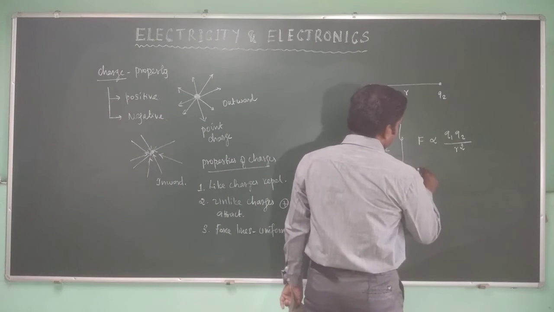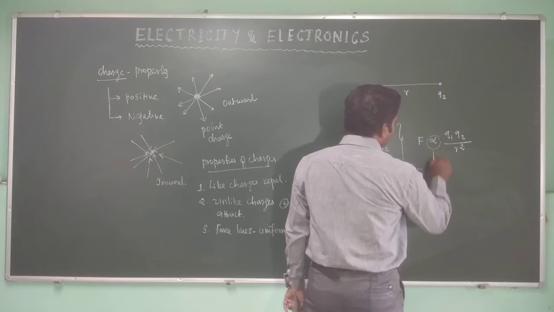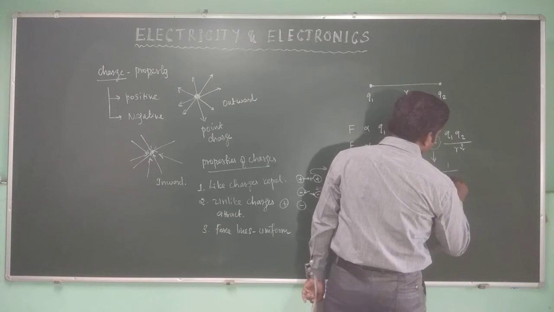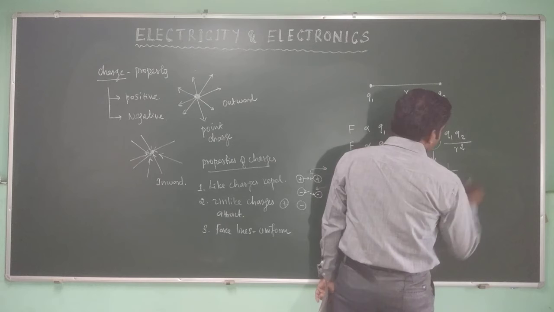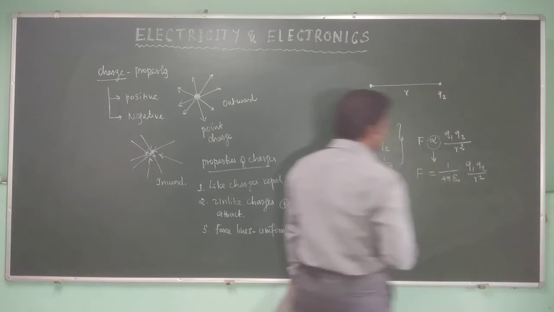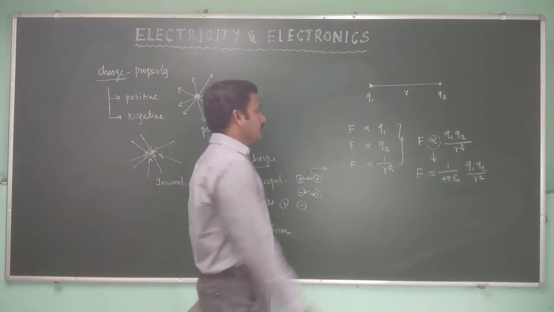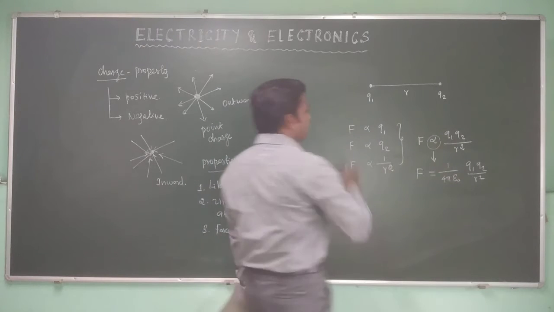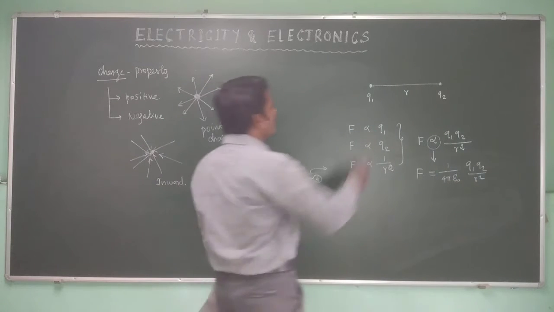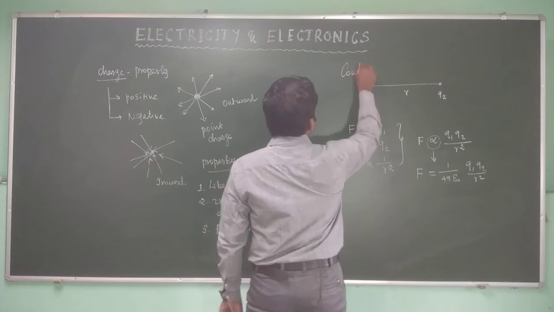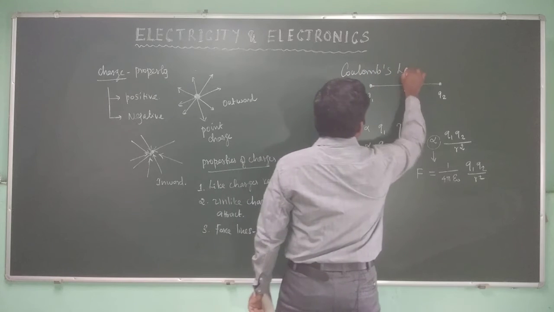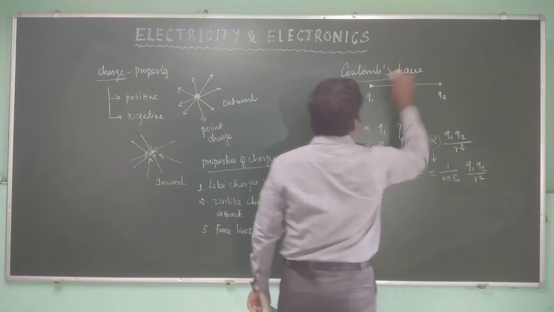And this proportionality constant is replaced with 1 by 4 pi epsilon naught, Q1 Q2 by R square. And this was discovered by Coulomb, so it is called Coulomb's law.